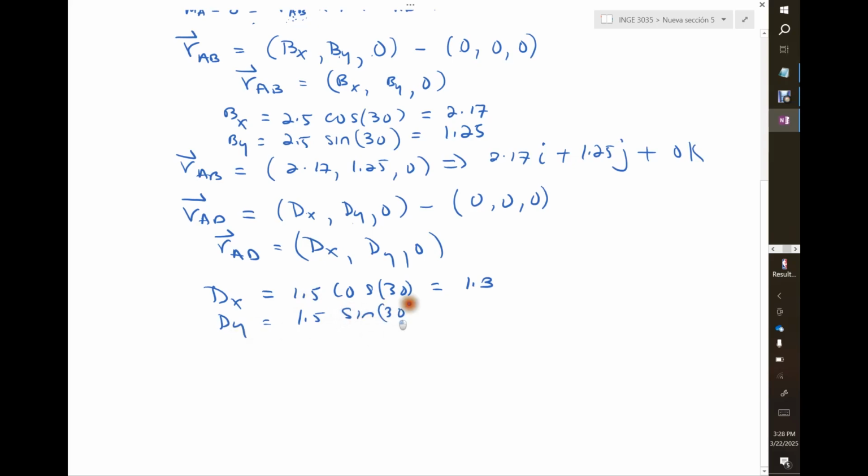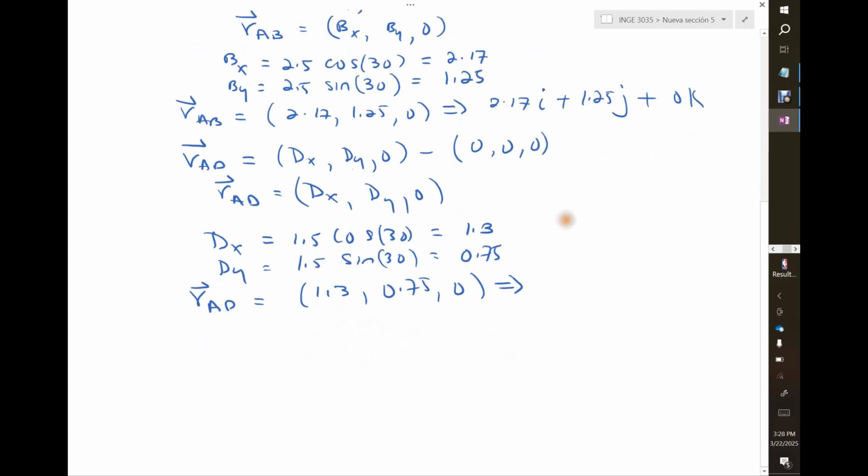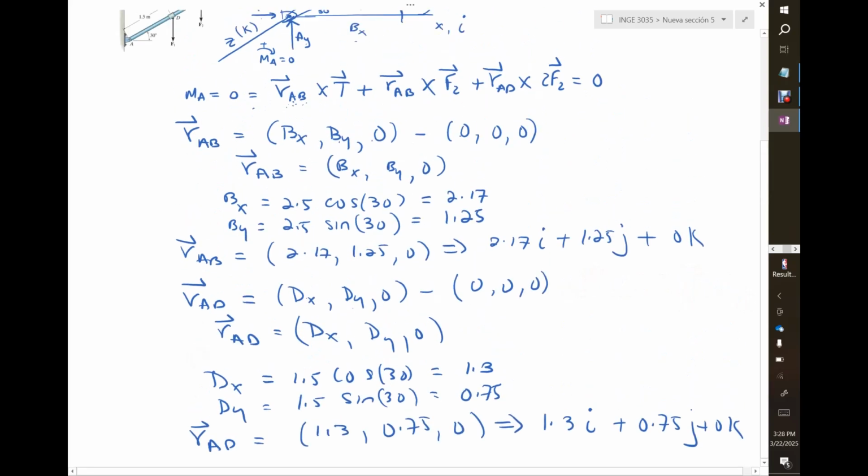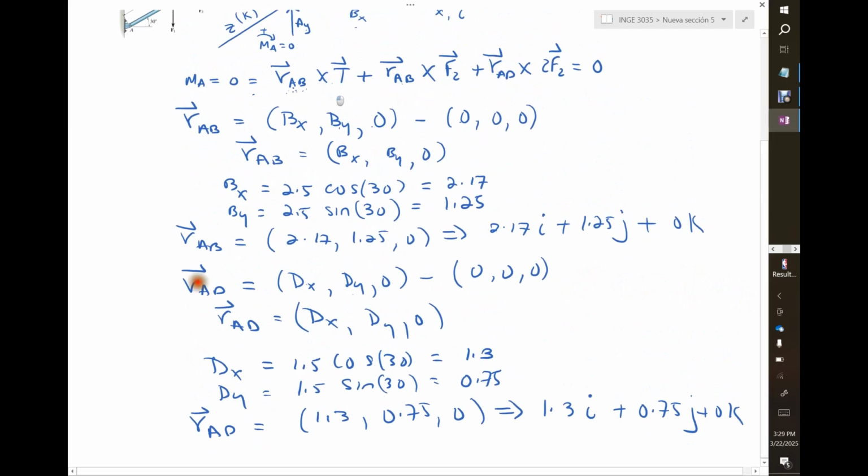That's for the elevation, and that's about 0.75, meaning that our vector RAD is nothing else than 1.3, 0.75, 0, or in vector notation, 1.3i plus 0.75j plus 0k. Nothing on that axis. So we got the two vectors. Now I need the tension T.